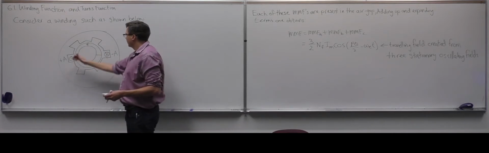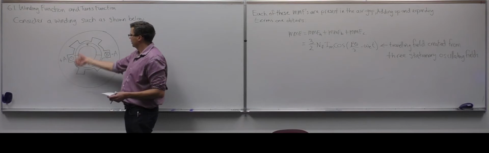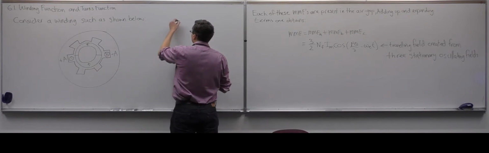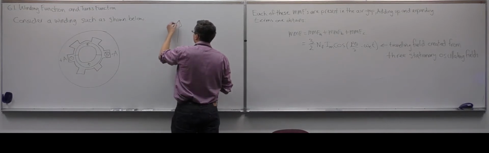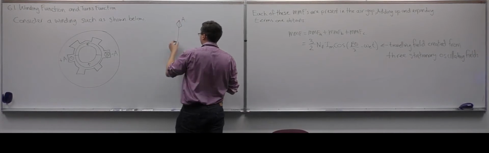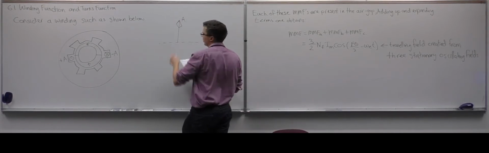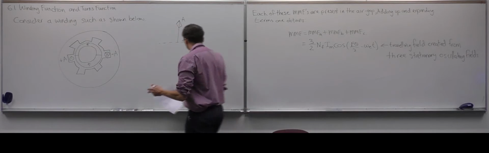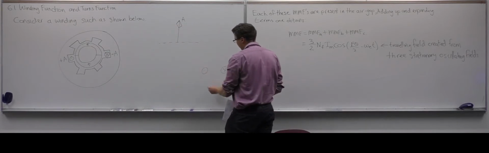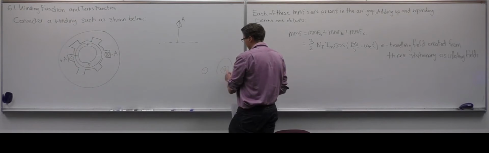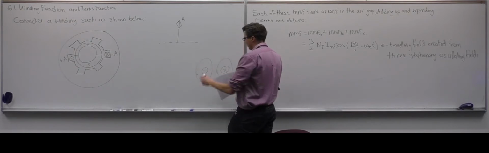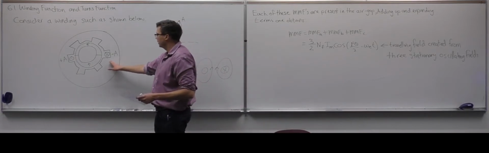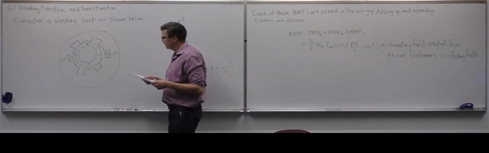Similarly, if you do your right hand rule, it's going to create a flux going up. So then we could draw a flux vector for phase A that points in the up direction. Again, this would create a magnetic field going up if you just think about the coil. But we've got magnetic material in here to make the field flow much easier.